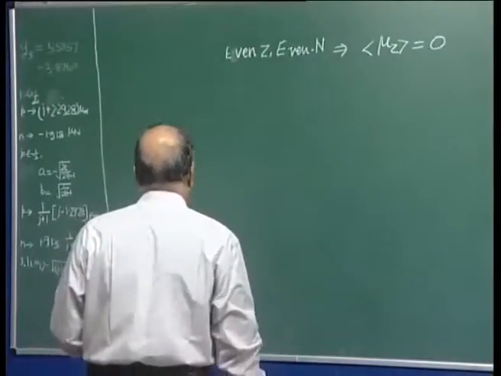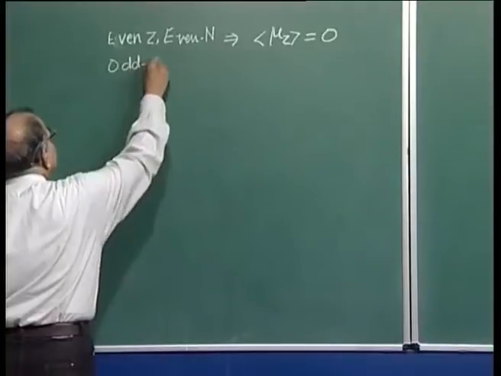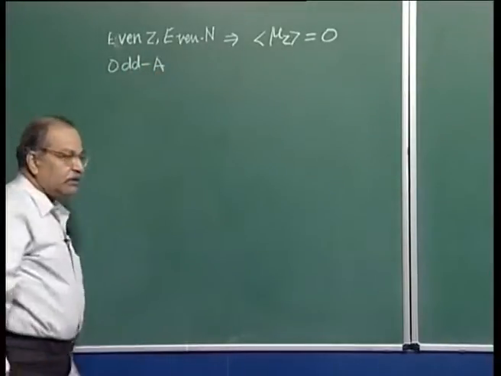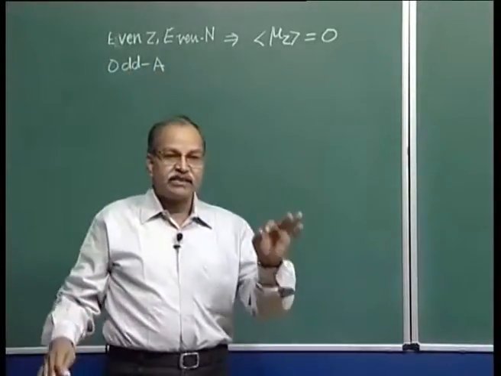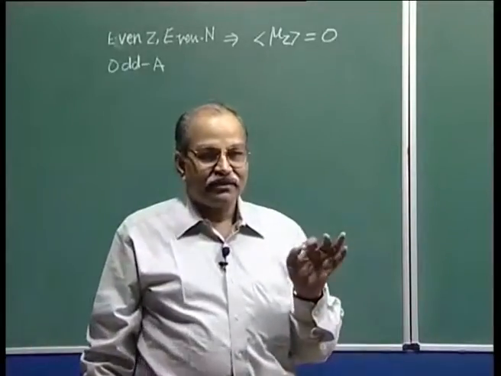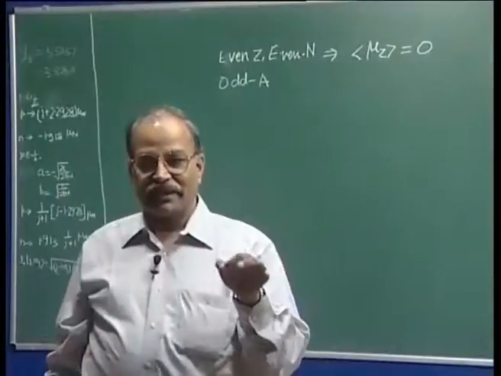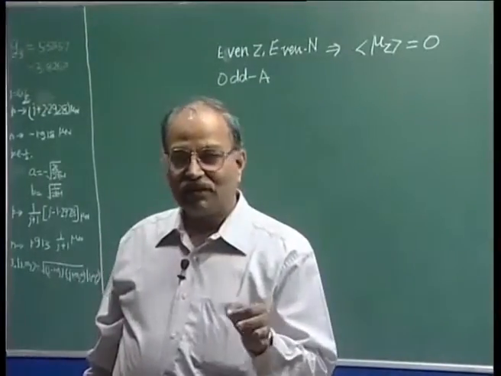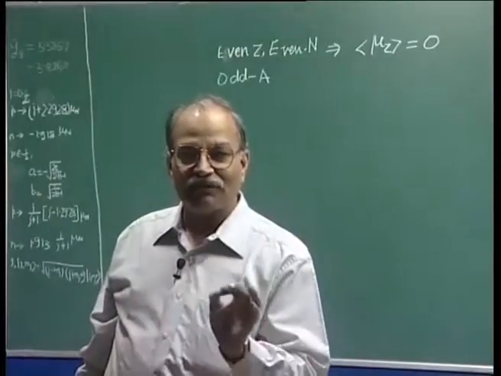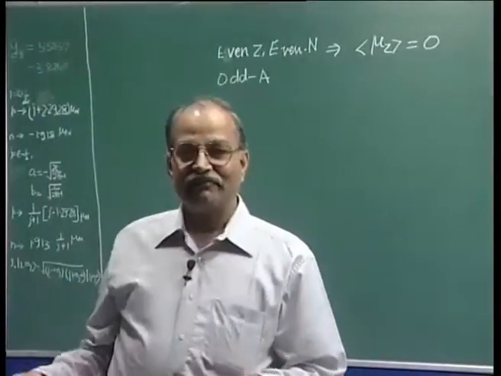Now, next is odd A. For odd A, all the nucleons except one are paired, right. If the total number of nucleons is odd, either Z will be odd or N will be odd. One of them will be even, the other odd, then the total number A will be odd.